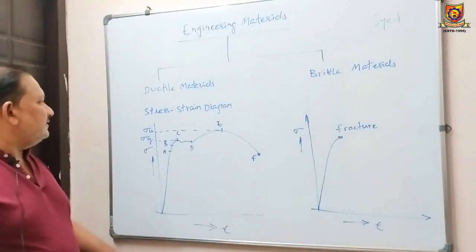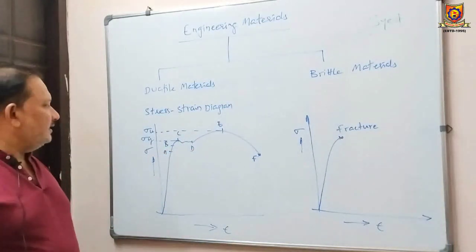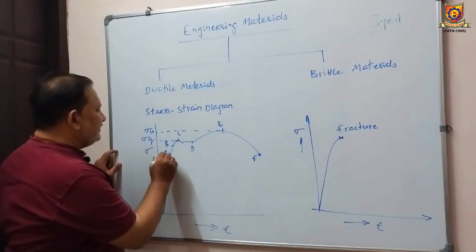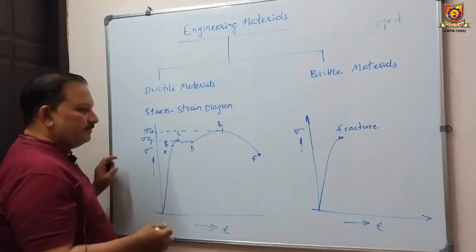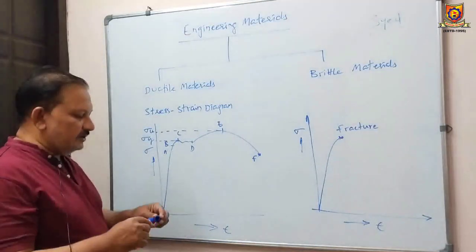After plotting this curve, we have to locate various points on it. This is the first point, A, which is called the proportional limit, where the stress is proportional to the strain.